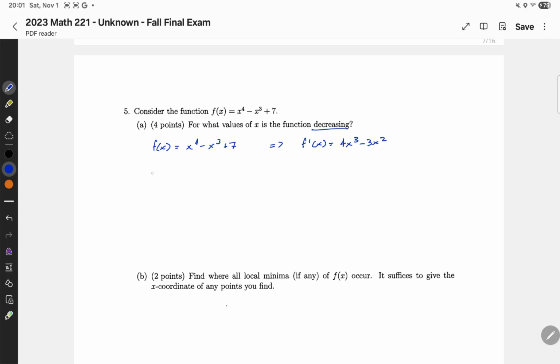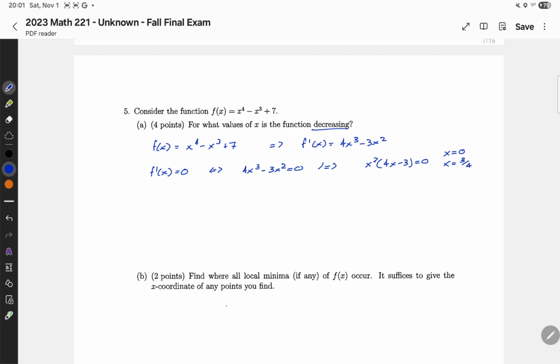So let's do that. We have f prime of x is equal to 0. This is equivalent to 4x cubed minus 3x squared is equal to 0. By factoring, we have x squared times 4x minus 3. This is going to be equal to 0 when x is 0, or when x is 3/4.